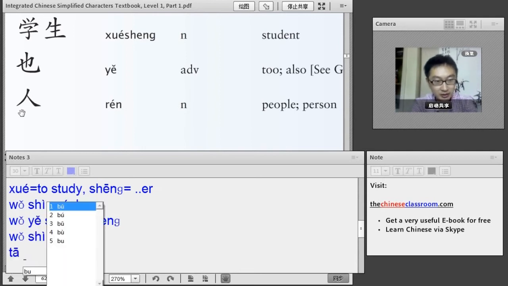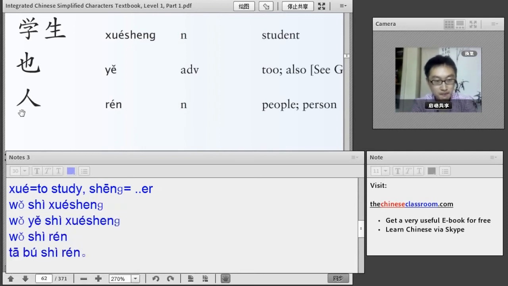You can say 他不是人. 不 is not. 是 is am. So he isn't. 他不是人. Here I already told you this 不 changed because 是 is fourth tone. If you say 不是 it sounds hard, so we say 不是. 他不是人.